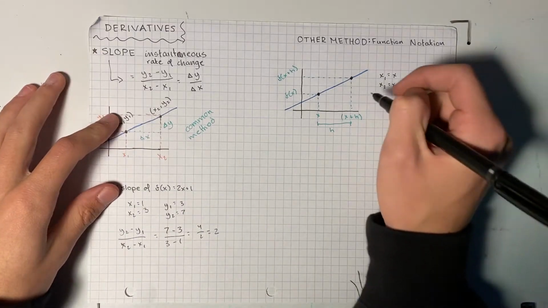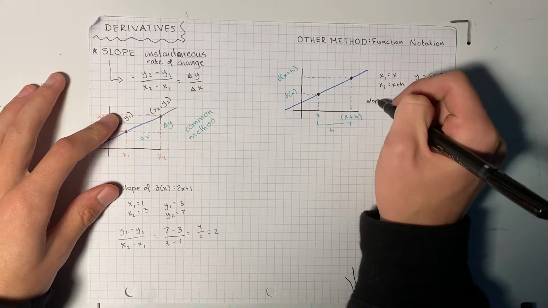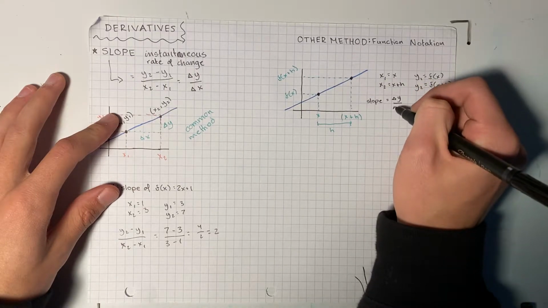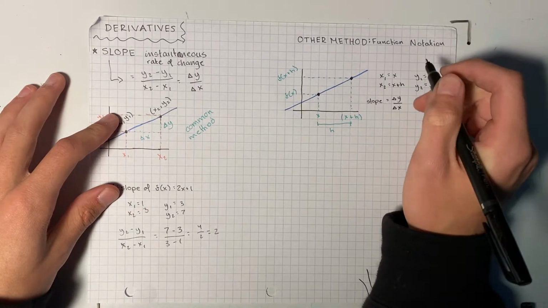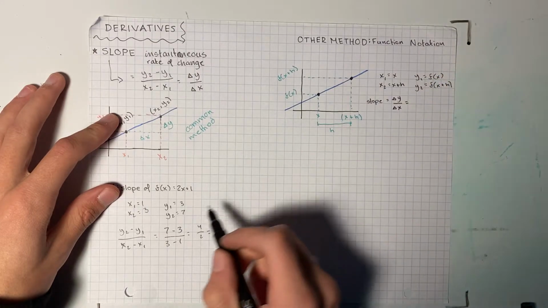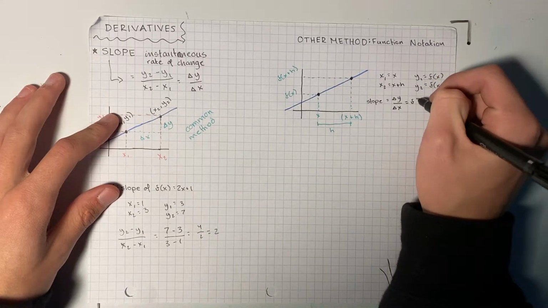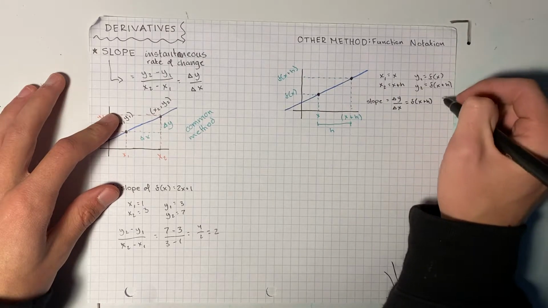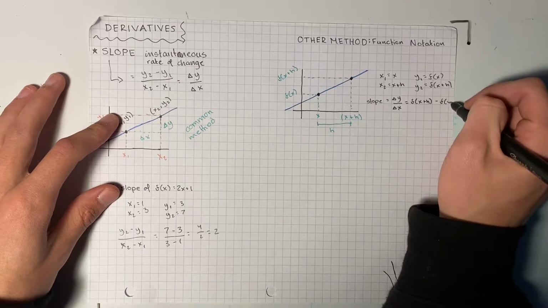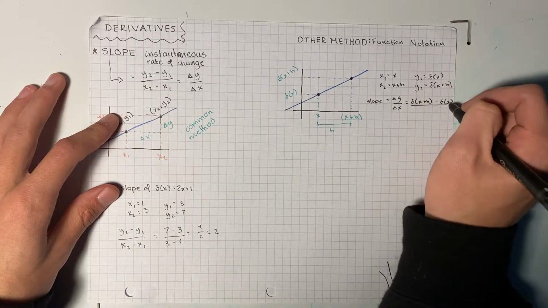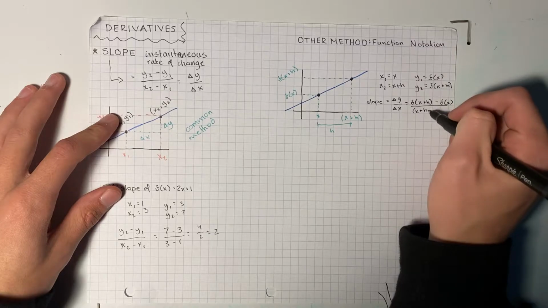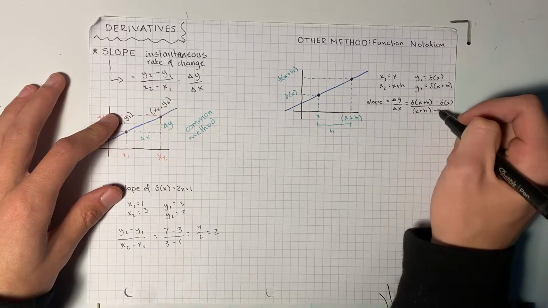So if we do the same thing, the slope is equal to delta y over delta x. Our y2 is f of x plus h minus our y1, which is just f of x, divided by our x2, which is x plus h, minus x1, which is just x.